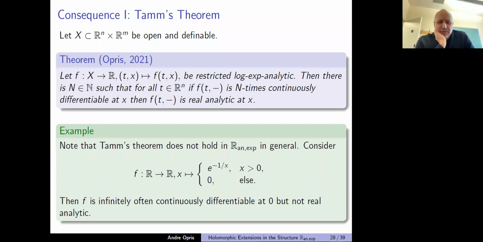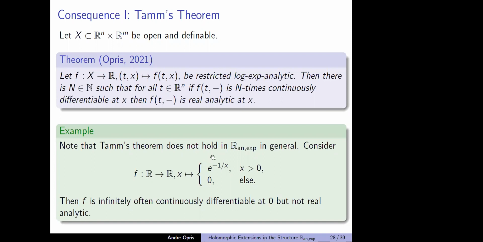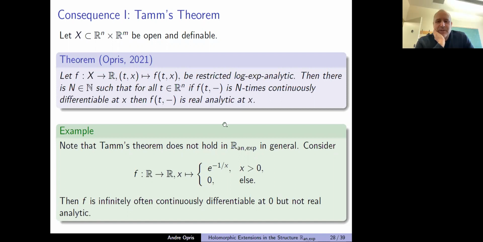Are these definable in R_an,exp? I don't think so. Yeah, I don't think so. The point here is that you have extensions of e to the minus 1 over x that are definable, but the domain is much smaller than a sector.